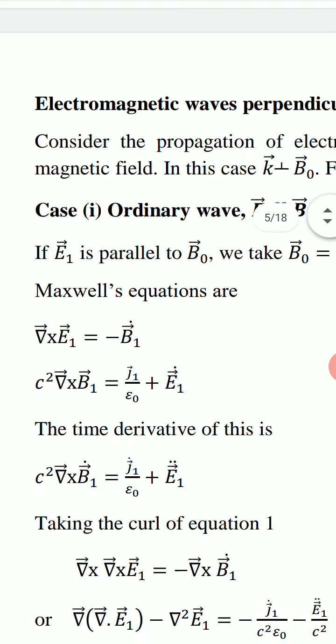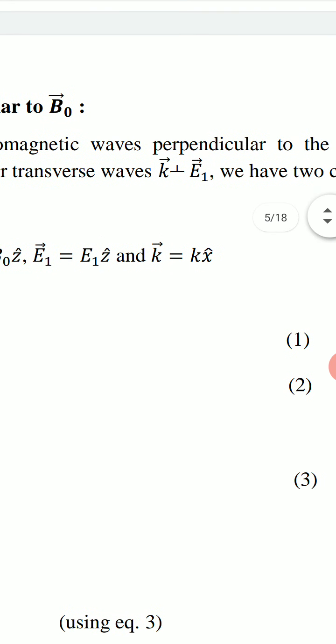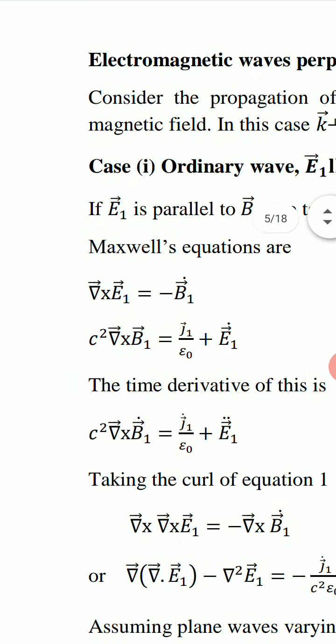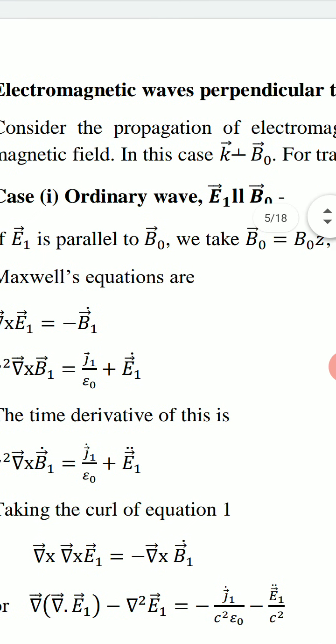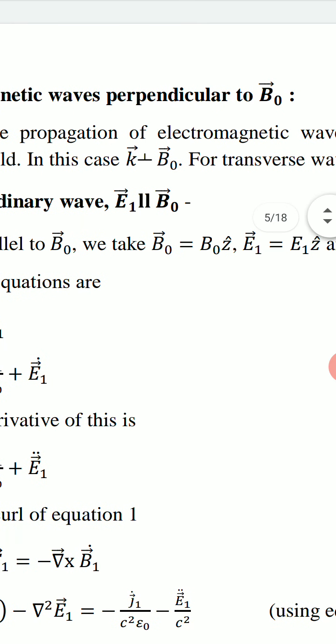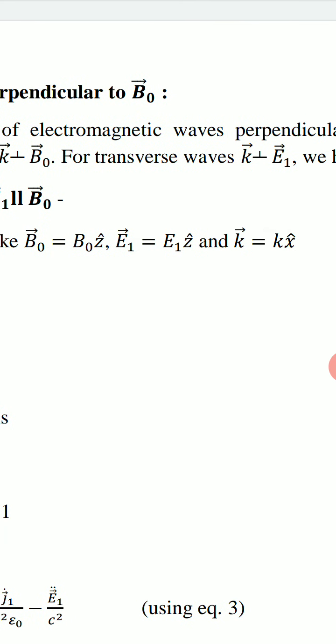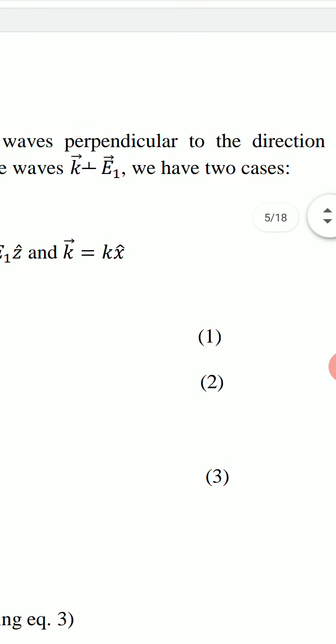We now consider the propagation of electromagnetic waves perpendicular to the direction of magnetic field. In this case, K vector is perpendicular to B0 vector. For transverse waves, K vector is perpendicular to E1 vector.